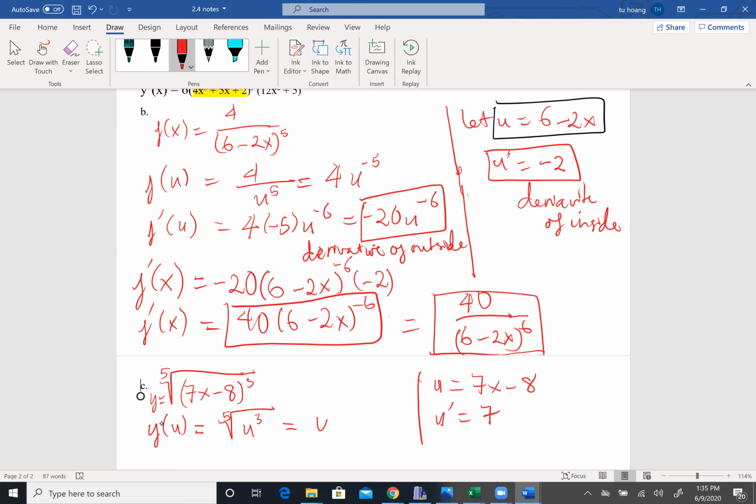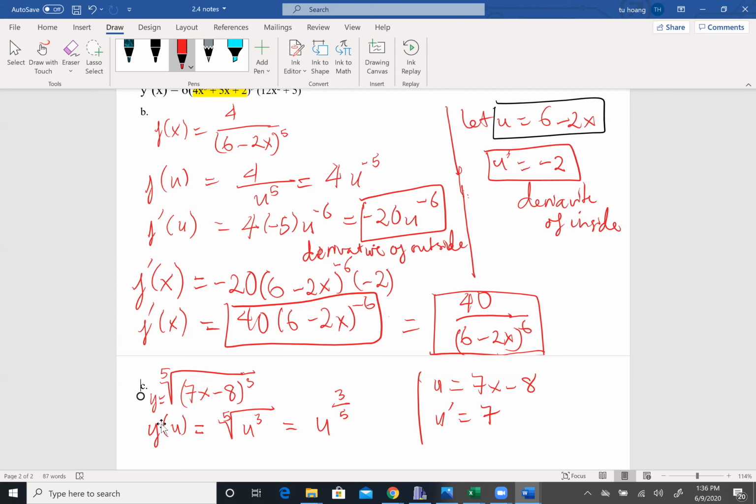So I'm going to have u to the power 3/5. Remember the index of the fifth root, the number 5 here, is going to be the denominator of the power.